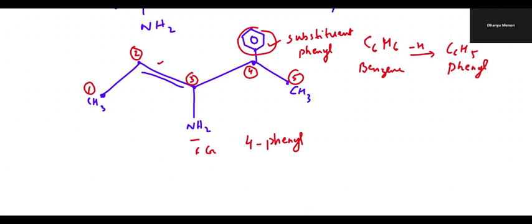Pent. At the 2nd position, I have the double bond. And at the 3rd position, I have amine. Again, removing this E. Okay, I hope I'm clear till here.